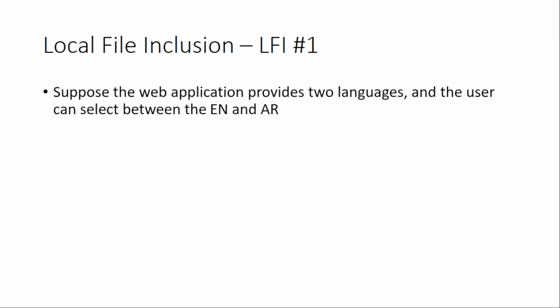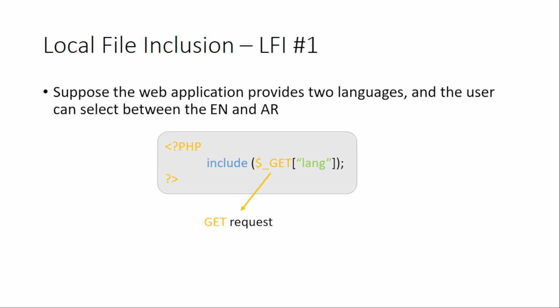Let's suppose there's a web application that provides two languages, and the user can select between EN for English or AR for Arabic. This PHP code uses the GET request via the URL parameter lang to include the file of the page.